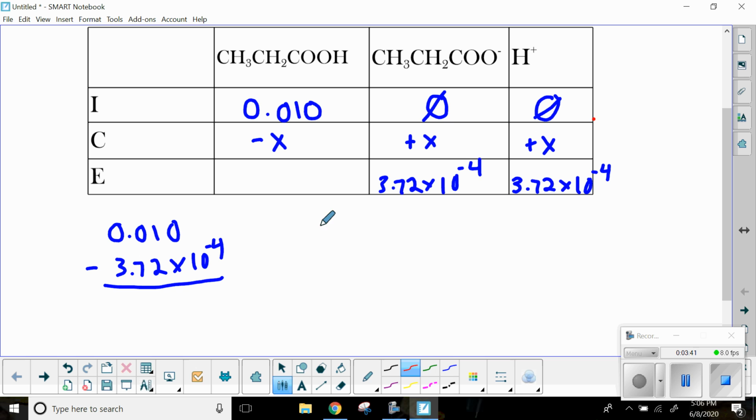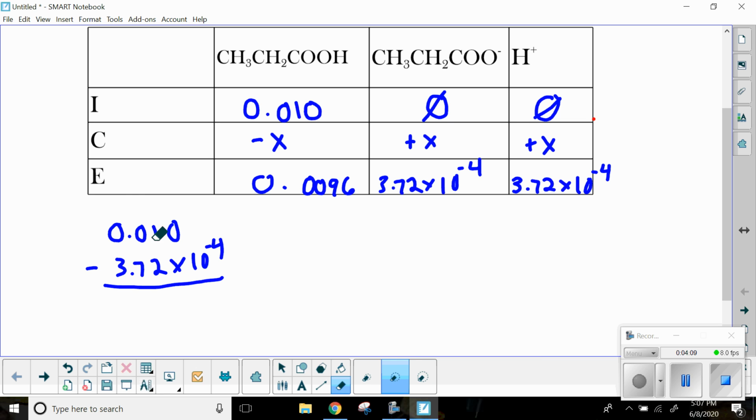And I find that I end up with 0.0096 moles per liter of the propanoic acid left. Barely any of it has dissociated, hardly any. And that makes a lot of sense because once again, I've got a weak acid.